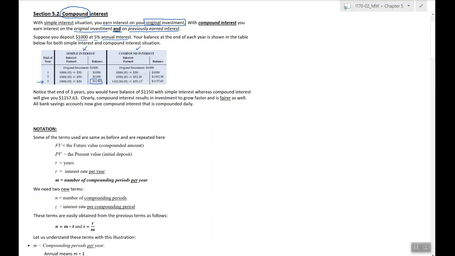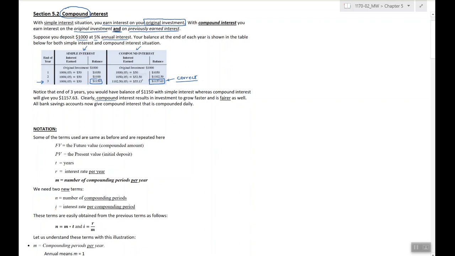But if it is compound interest, then your bank balance would be $1,157.63. So this is more and correct because you are now earning interest on your original investment as well as the interest that you had been earning in the previous years.